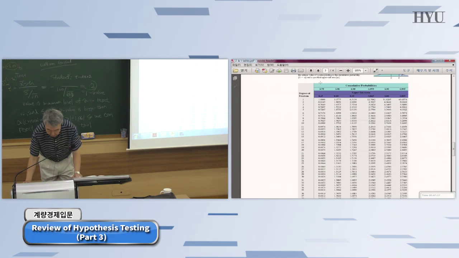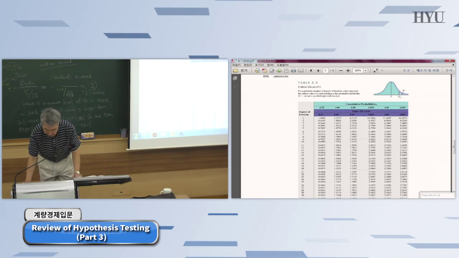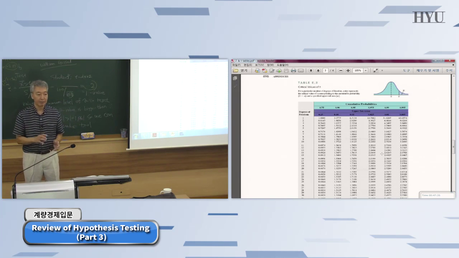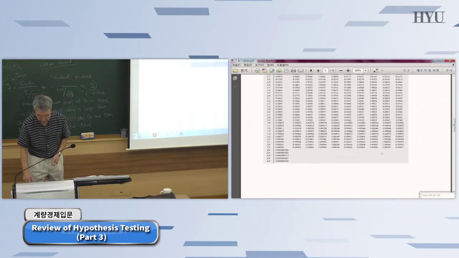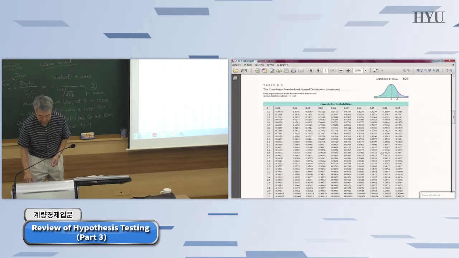Here's a T table. If you look at this illustration, the numbers you are seeing here are actually t-scores. Here's one thing you have to understand: the Z table and T table are completely different. If you remember the Z table, on the margins, the first column and first row, you had z-scores.